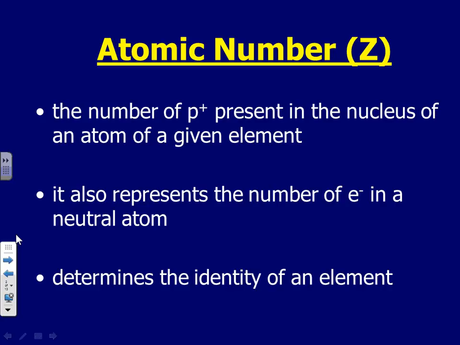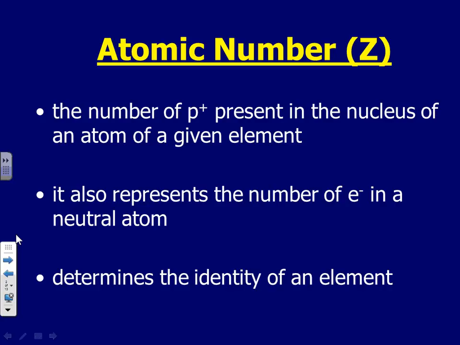You might think, why do we give it such a symbol? In higher level chemistry and physics, when you do calculations involving atoms, you will use the symbol Z to represent the atomic number. It represents the number of protons present in the nucleus for a given element.